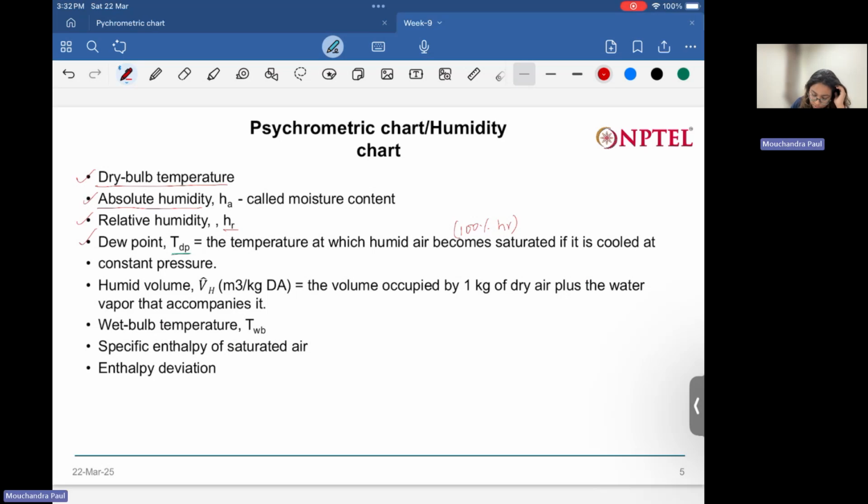Then, what is the humid volume? Humid volume is another quantity that is also represented in the psychrometric chart. By definition, it is the volume occupied by 1 kg of dry air plus water vapor. That is the humid volume.